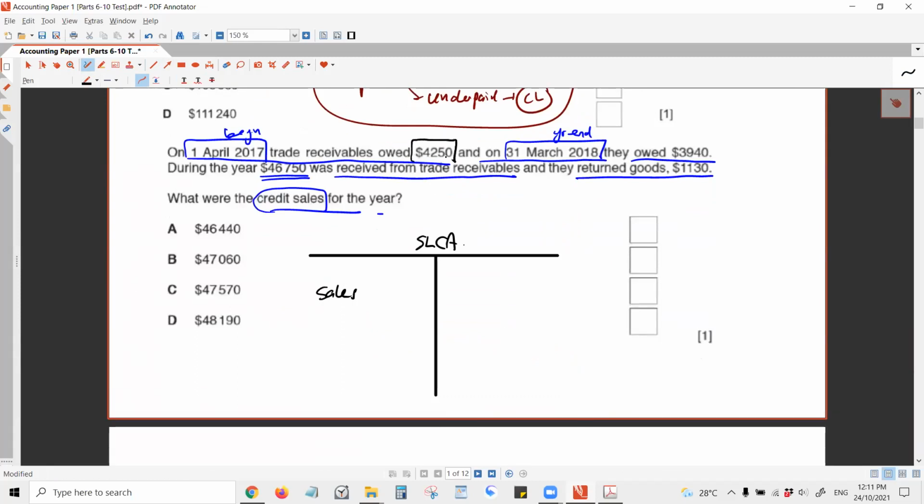Initially, customers owe us 4250. Put it here, balance BD. Finally, they owe us 3940. Move it up diagonally.